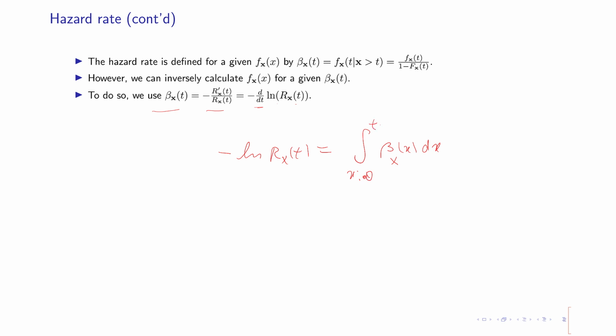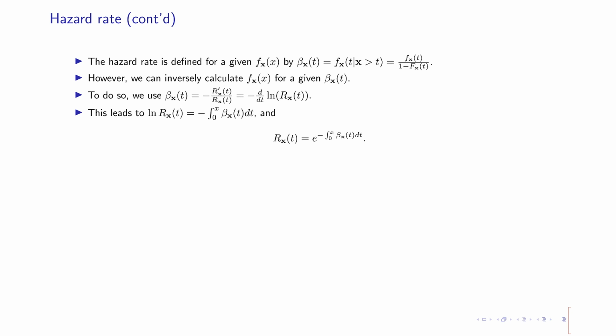Now I could multiply both sides by a minus sign and take e to the power of both sides. E to the power of ln becomes this function, so you get the exponential of this integral. So I have this formula using which I could calculate the reliability, which is equal to 1 minus F_X(t). Therefore from here I could calculate the CDF, and then from there I can calculate the PDF.